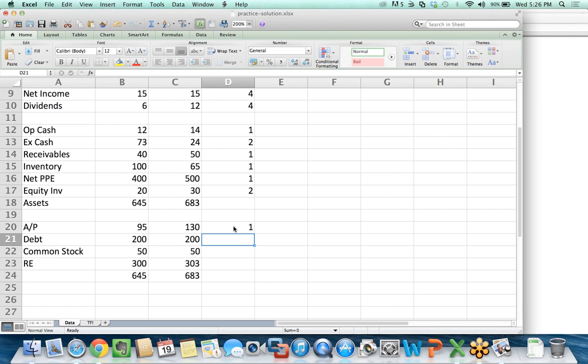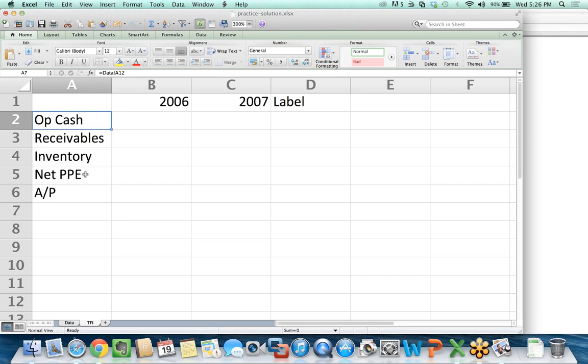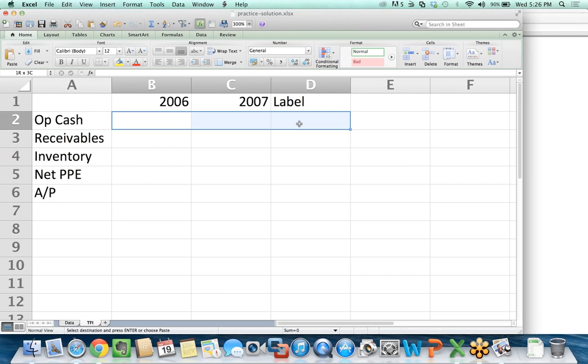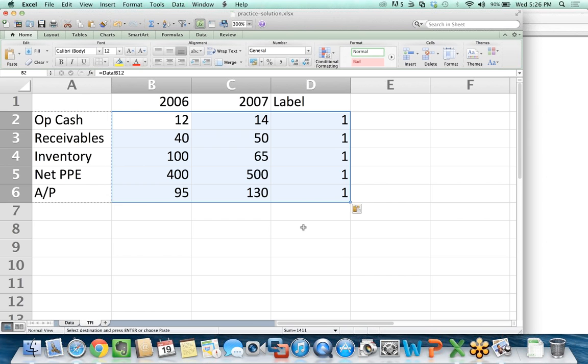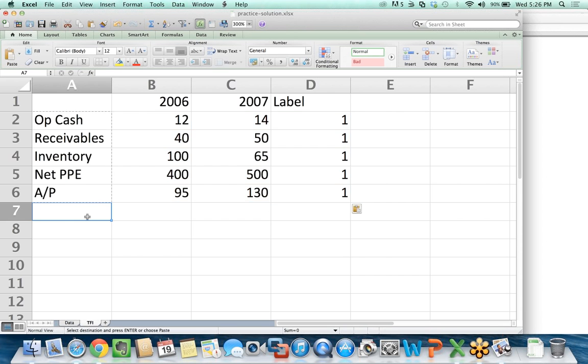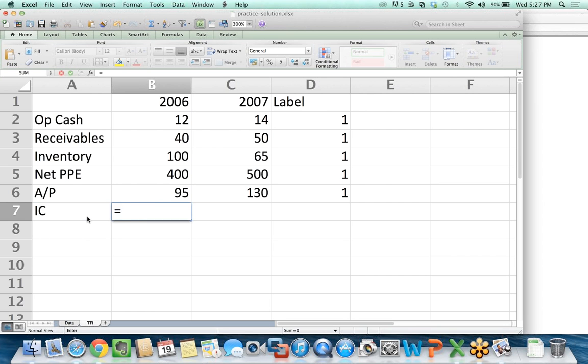Label my 1, 3, 4, 4. All right. And what I then do, copy and paste the numbers over. I can see I have my 1s aggregated together, and I have my invested capital, which is going to be anything that is an asset minus anything that is a liability.